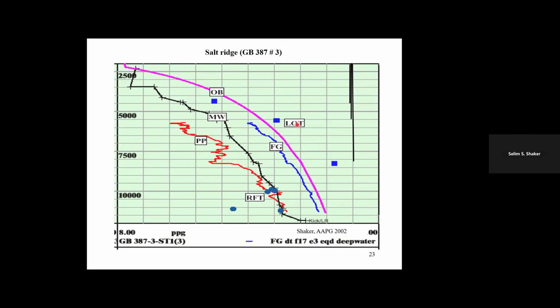Look what happened when you run the LOT, or the leak-off test, which is supposed to be the minimum stress. The minimum stress became way higher than the overburden, or the weight of the sediments. What does that mean? It means the principal stress is way out here, it is not the overburden.